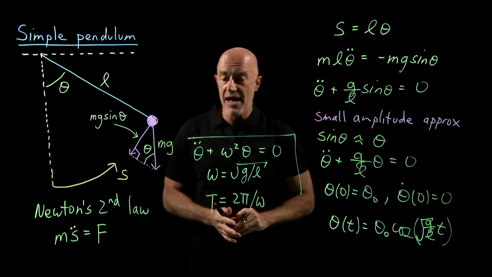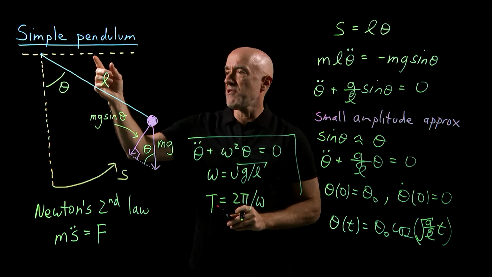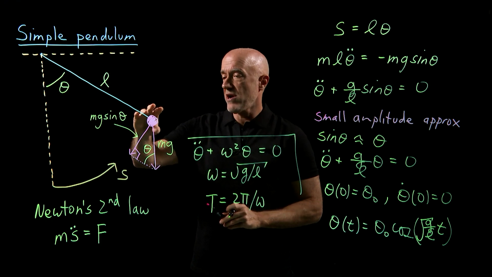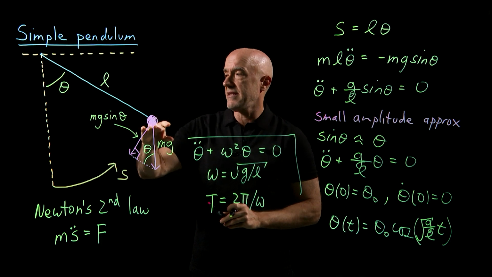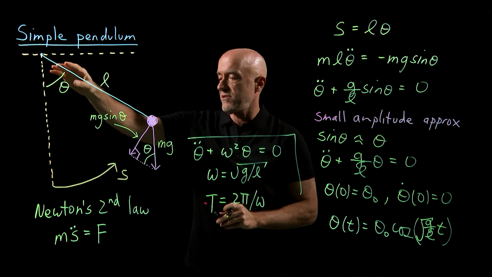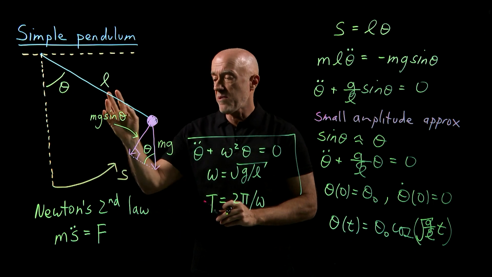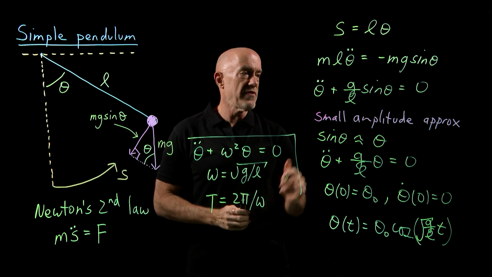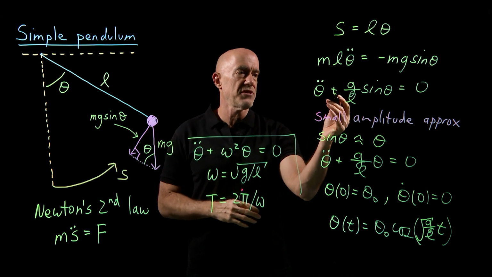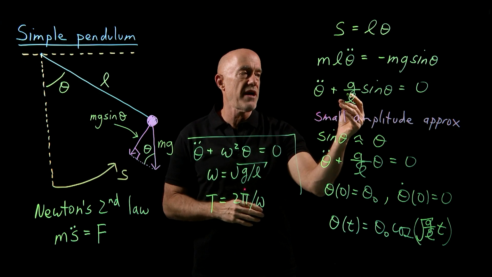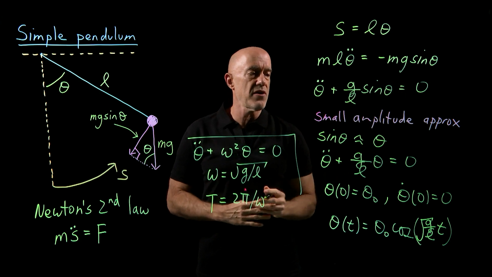So let me summarize. We've considered the simple pendulum here, where gravity acts on a mass connected by a rigid rod to a pivot point. We've applied Newton's law. We've obtained the equation for the simple pendulum, theta double dot plus g over L sine theta equals 0.